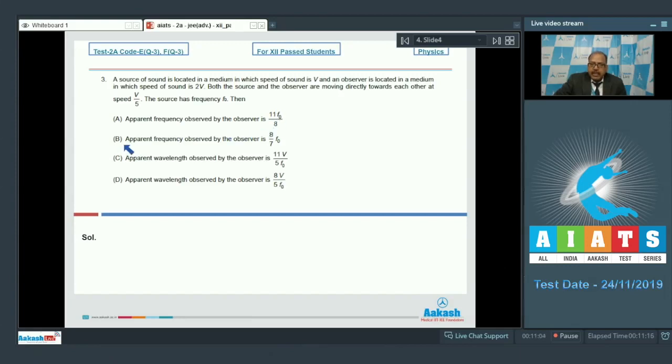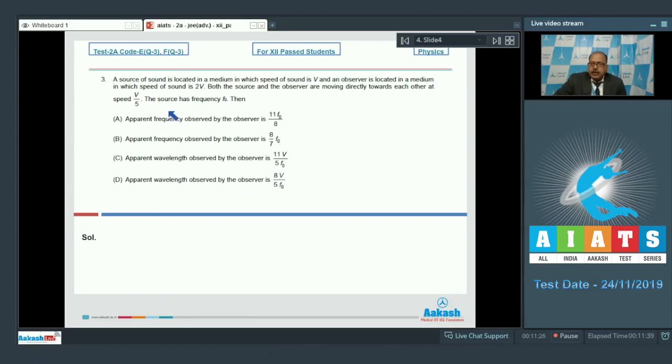Option B says apparent frequency observed by the observer is 8 f0 by 7. Option C says apparent wavelength observed by the observer is 11v by 5 f0, and option D says apparent wavelength observed by the observer is 8v by 5 f0.